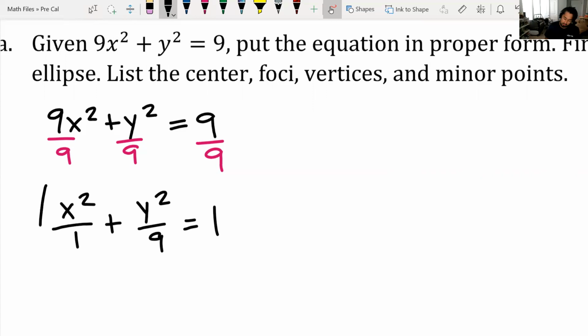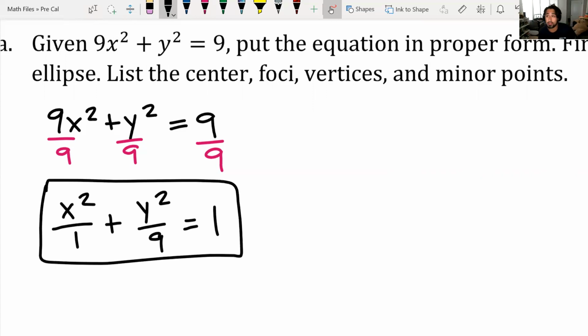And there's the equation. And now notice which denominator is bigger, and knowing that can determine the major axis of the ellipse. So since y squared has the bigger denominator, we know that this ellipse will have a major axis on the y-axis.